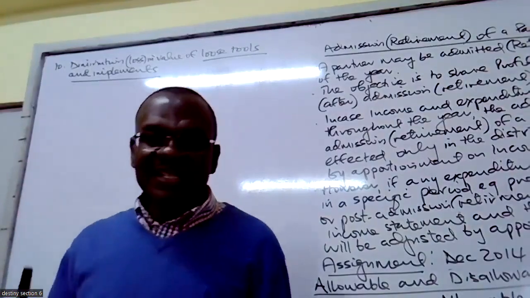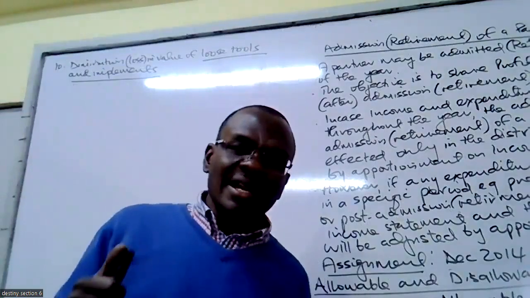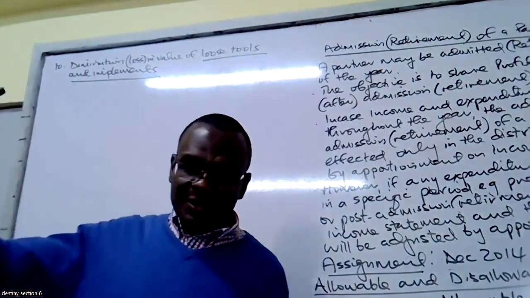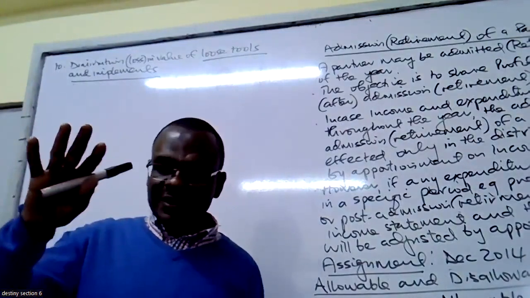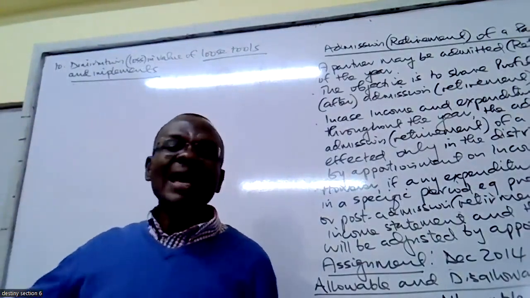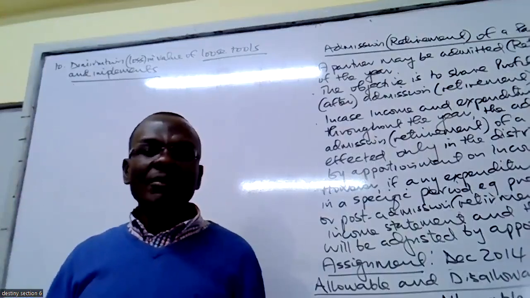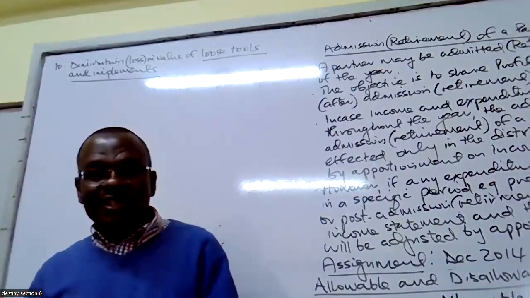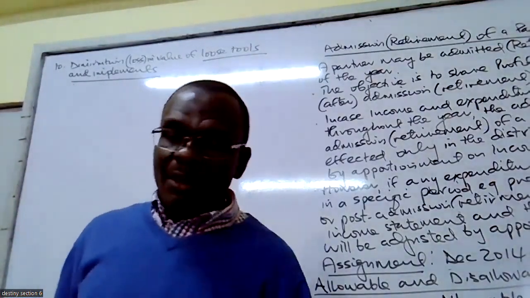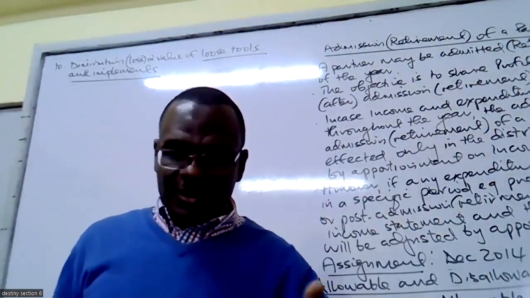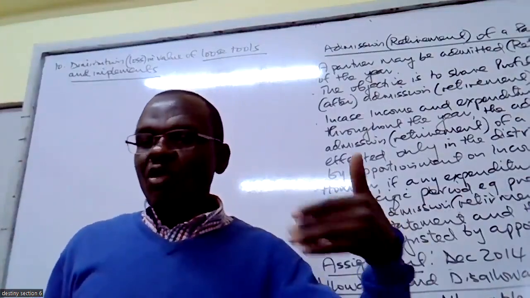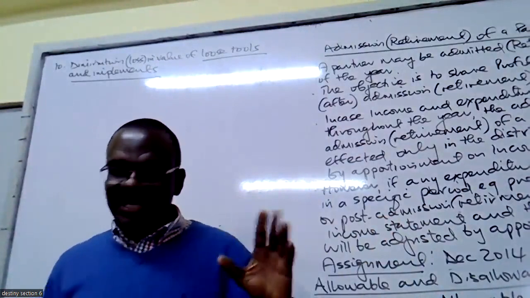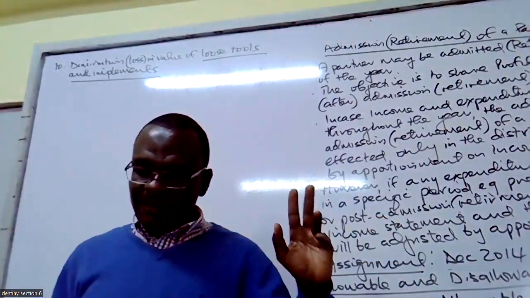However, advertisements that are capital in nature, like putting up billboards, signboards, and neon signs, will not be allowed because that's capital expenditure. But you can claim investment allowance on billboards, signboards, and neon signs and lights at the rate of 10% per annum on a reducing balance.